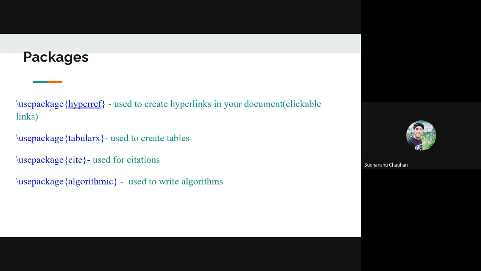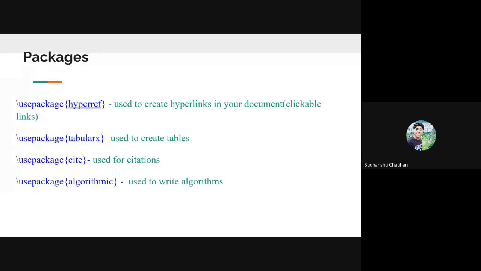In usepackage, suppose you are writing hyperref. Hyperref is a package which helps you create hyperlinks in your document. Suppose you need to add a clickable link so that the professor can go directly to the link you have quoted; this hyperref package will help you.